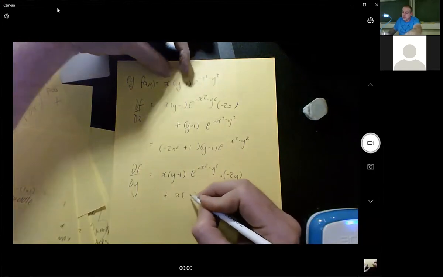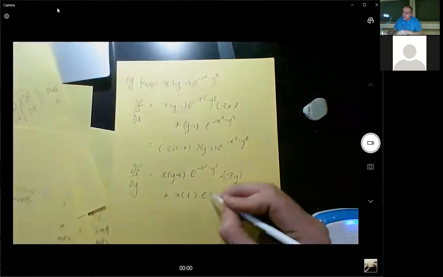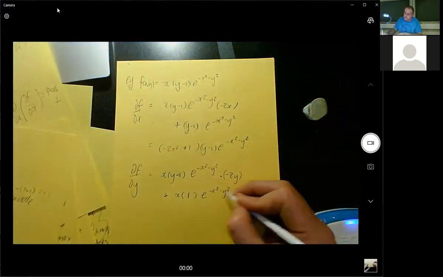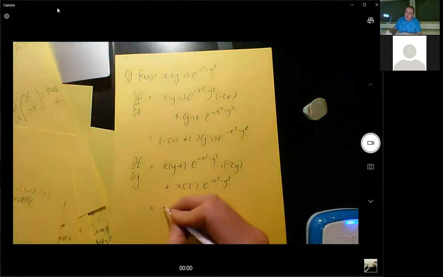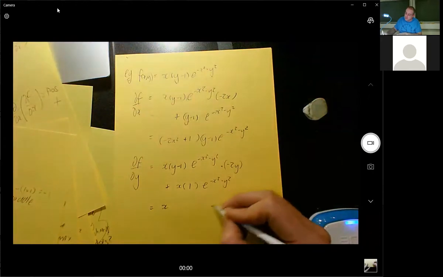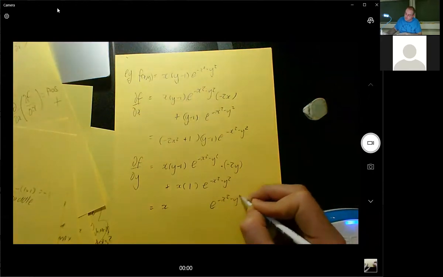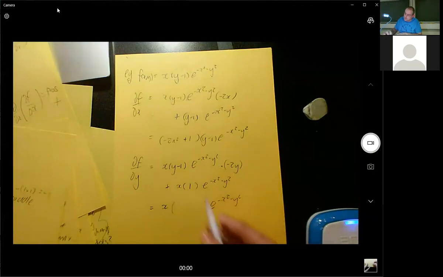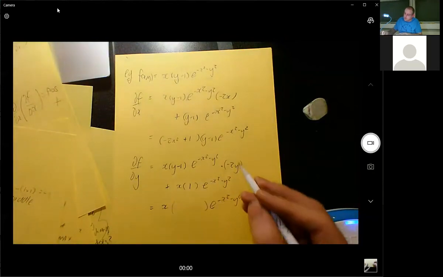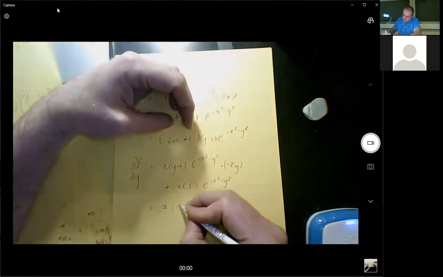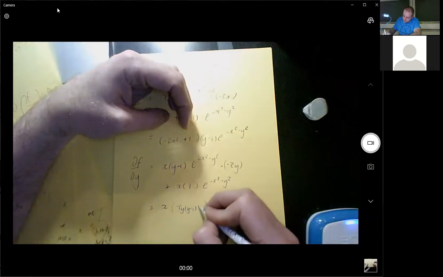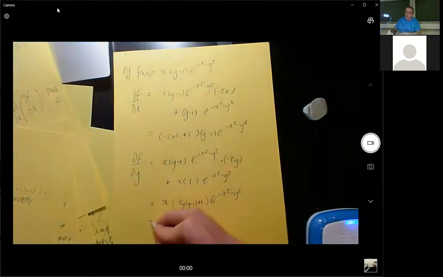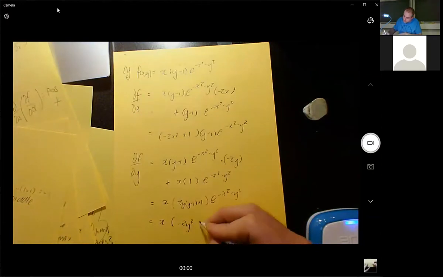And the derivative of y minus 1 is 1. And then I'll keep this. And they've both got an x, so I'll factorize that out. And then what I'm left with is minus 2y squared plus 2y plus 1.